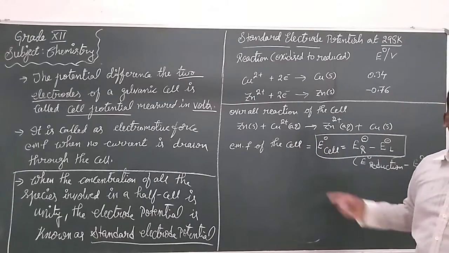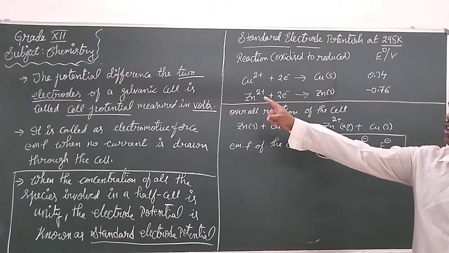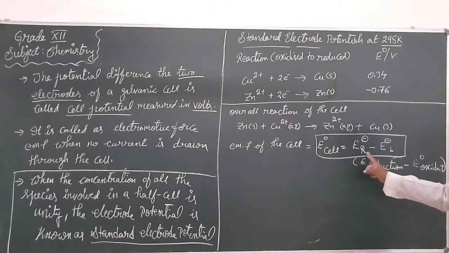It is also given in this equation. E0 of the cell means the potential difference of the two electrodes. The difference is mentioned as electrode potential of right hand side minus electrode potential of left hand side. This right hand side, we observed, the copper rod is present on the right side.